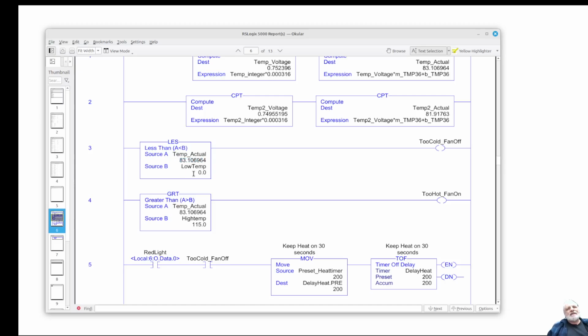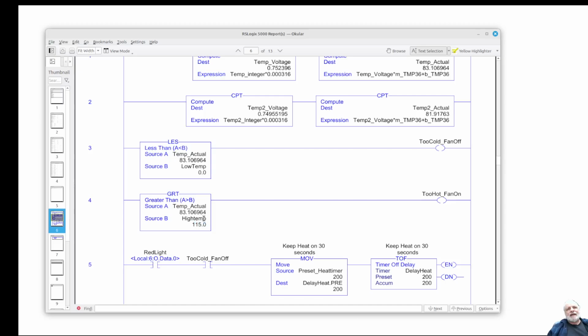And if the temperature, which is A, so if the actual temperature is less than 0 degrees, then I'm saying that the system is too cold, and I'm going to turn off some fan or something over here. And then here I'm saying, well, wait a minute, if the temperature is greater than 115 degrees, then I want to turn the fan on.